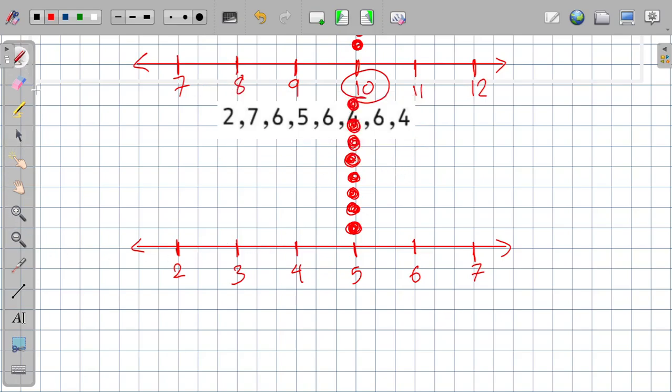So, I will say that the balance point of the dataset equals 5, and this is equal to the mean of this data set. So the mean is equal to 5.